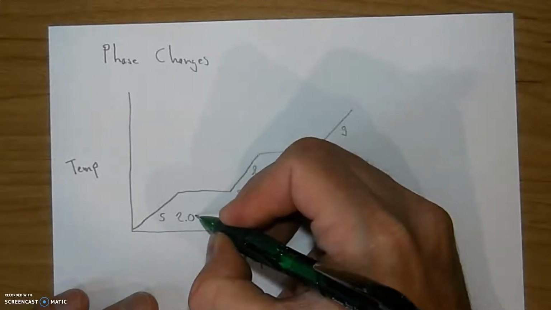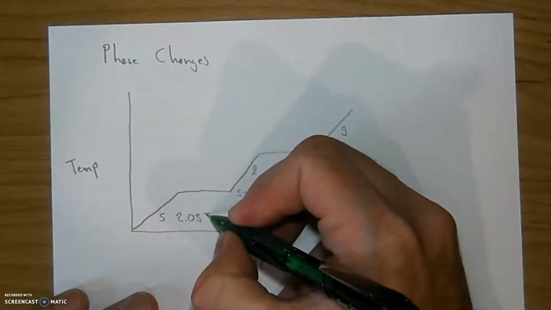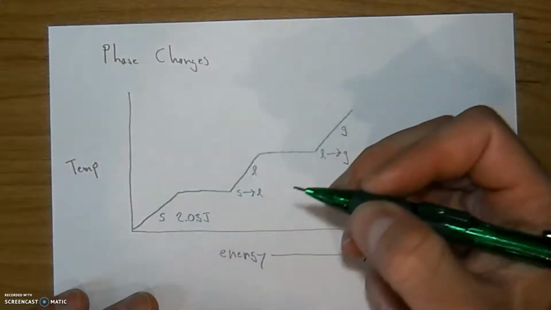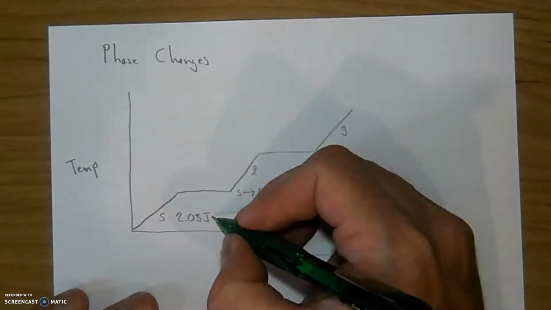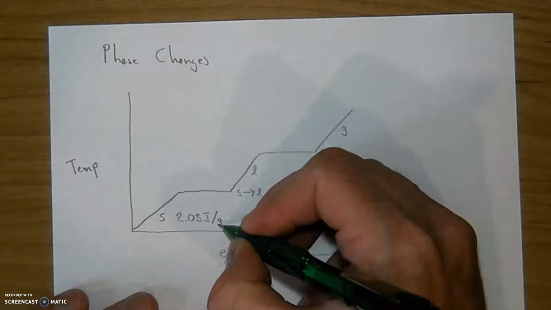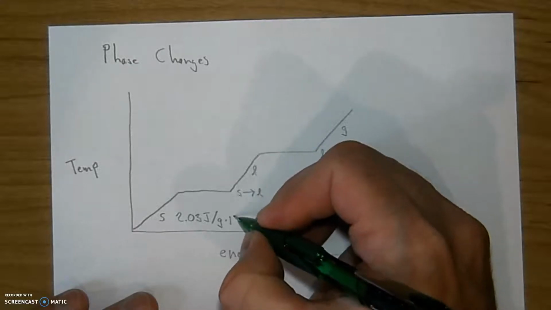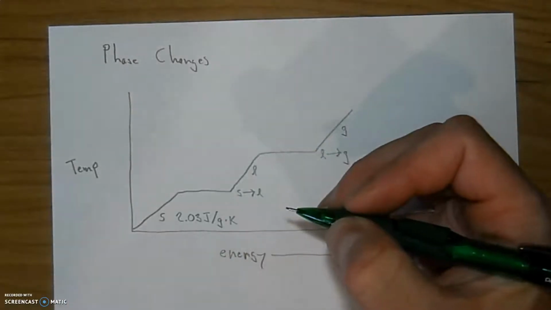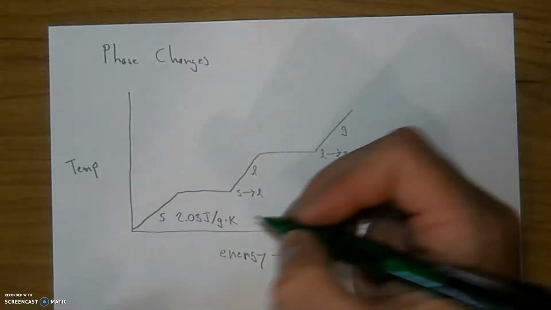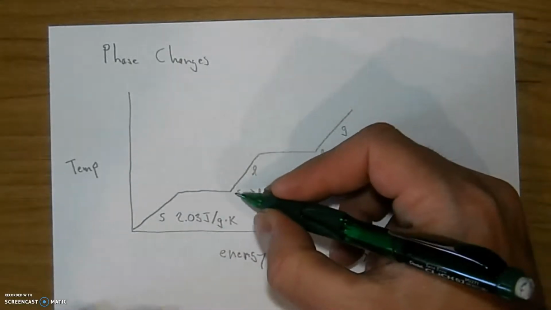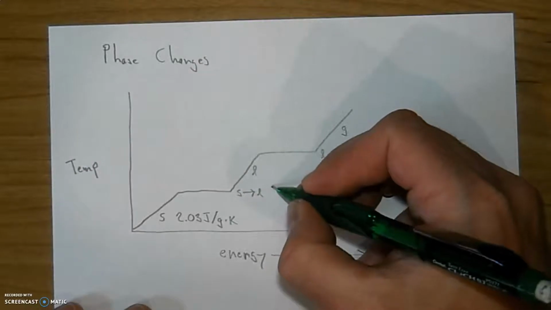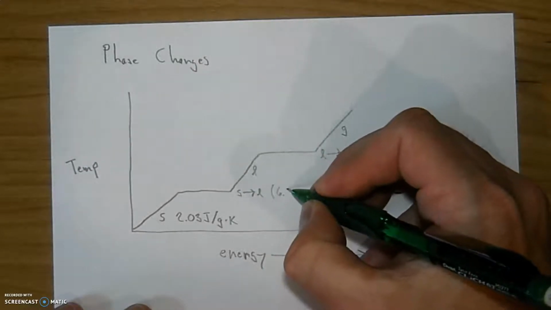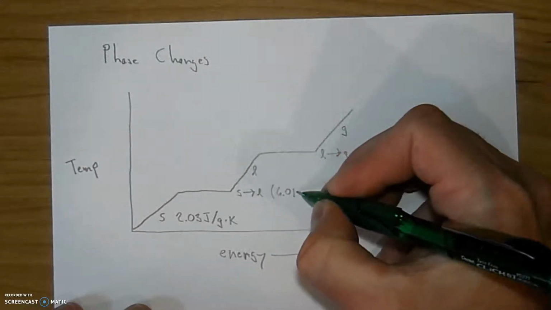When you are heating the solid, it takes about that much energy per gram per degree Kelvin to raise the temperature 1 Kelvin. When you are melting that solid, it takes a very specific amount of energy, 6.01 kilojoules.